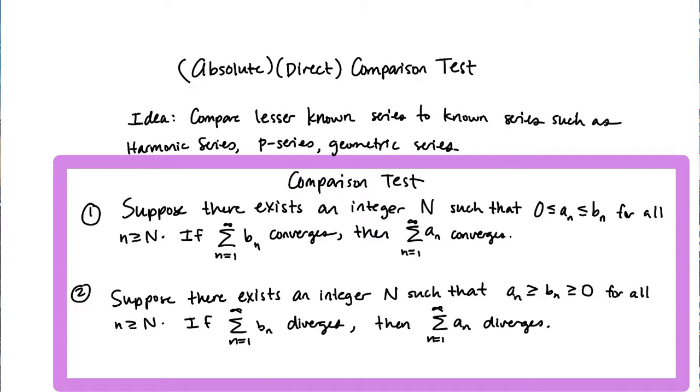Our notation's a little bit different, but once again, let's say there's some integer that we call capital N, such that it's always the case that 0 is less than or equal to an is less than or equal to bn. So bn has to be bigger past this point N. It doesn't have to hold for all terms, but it has to be that for the tail end of the sequence, the bn is bigger. If you know that your bigger series converges, then the smaller series must also converge.